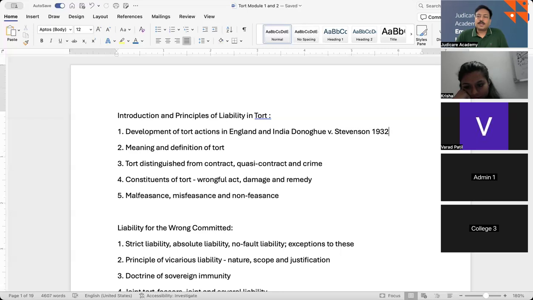Now we talked about a couple of examples. If we talk about contract versus tort, we talked about a contractor who fails to complete a home renovation on time. So it's a breach of contract because the contract had a time factor which was going to impact me if it didn't happen.